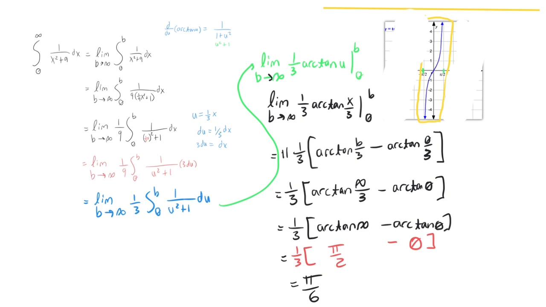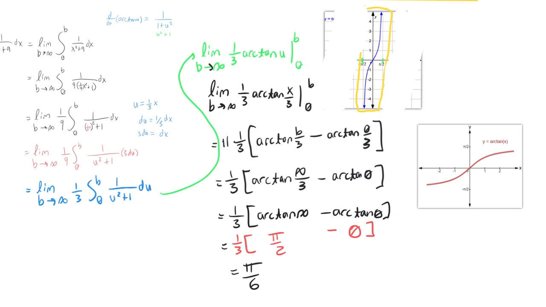Now, let's take a look at the actual graph of arctan right now. So the graph of arctan looks something like this, and I do want to add that these go on forever, both directions, and it so happens there's this sort of asymptote associated with pi over 2, all right, and negative pi over 2.